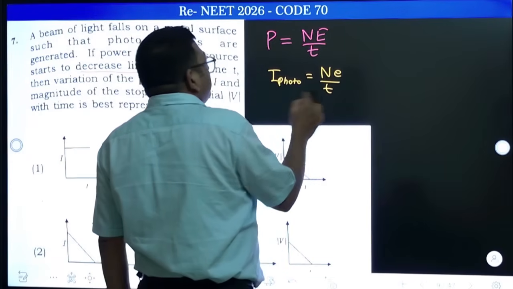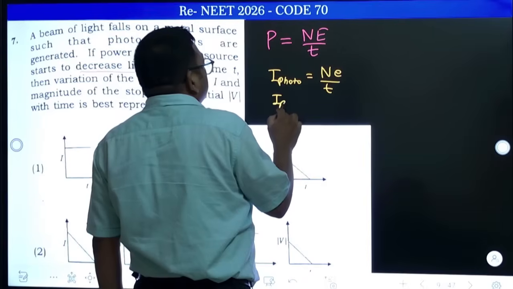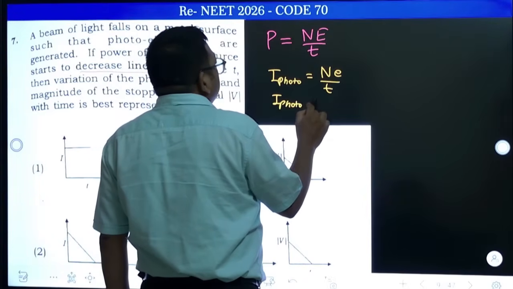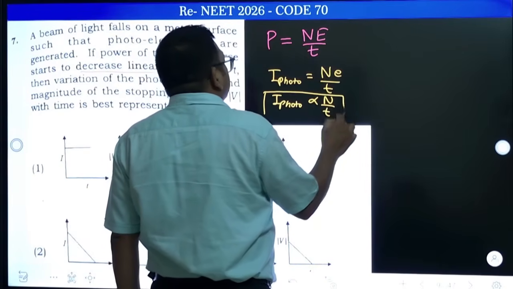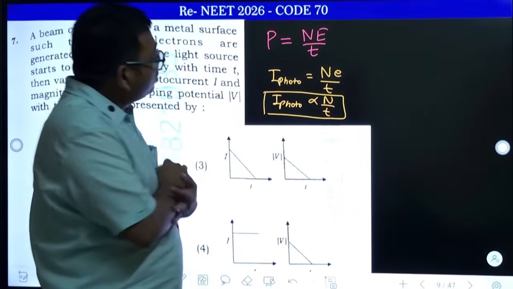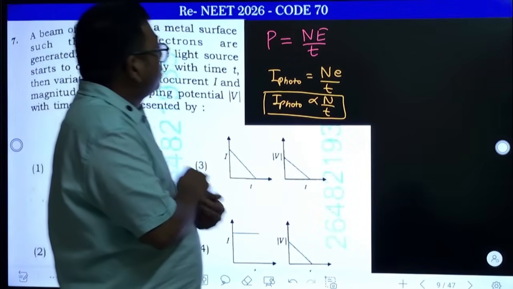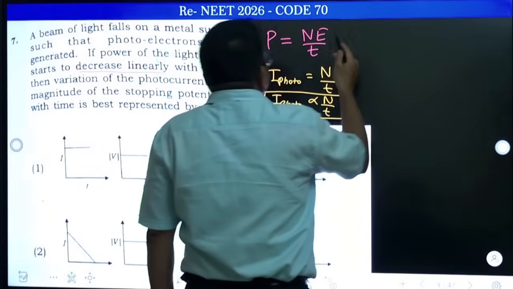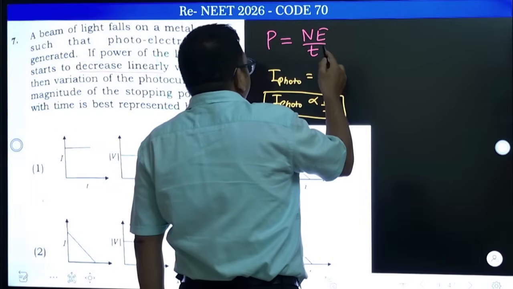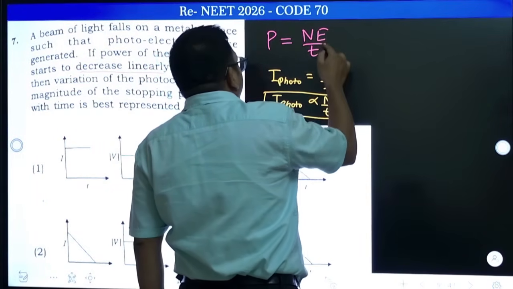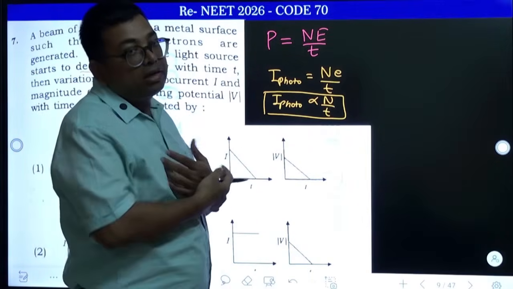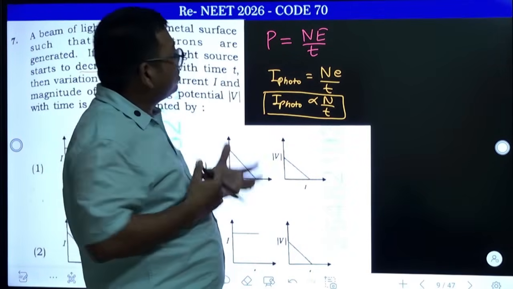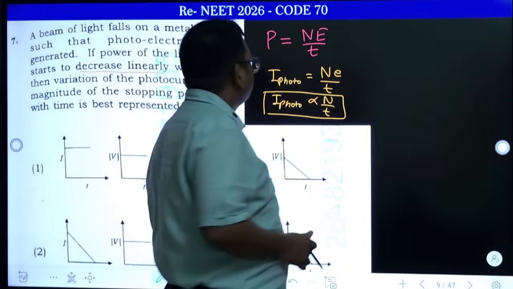So definitely photocurrent is proportional to n by t. That's all, right? It is proportional to n by t. So if I say that E is only changing, or if E is changing and n by t is not changing, then photocurrent will not change. So I told two criteria we need to take, right?